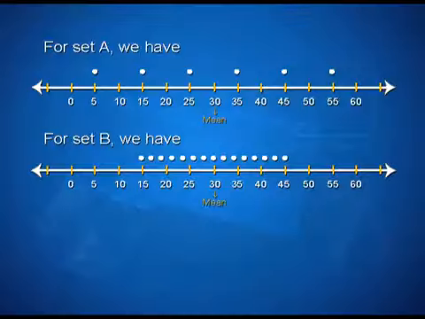Even though the observations in set A are more scattered from the mean, the range of the deviations being from minus 25 to 25, than in the set B, where the range of the deviations is from minus 15 to 15. This is clear from the following diagram. Look here, for set A we have the values on the number line as 5, 15, 25, 35, 45 and 55.